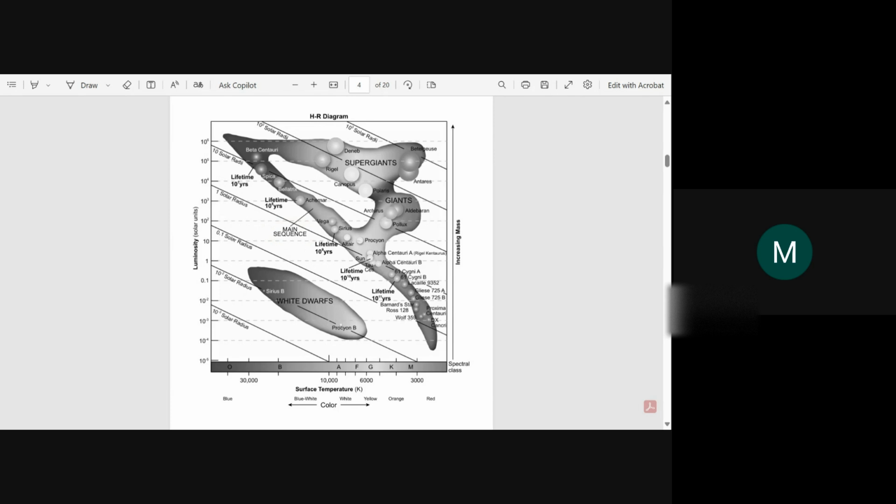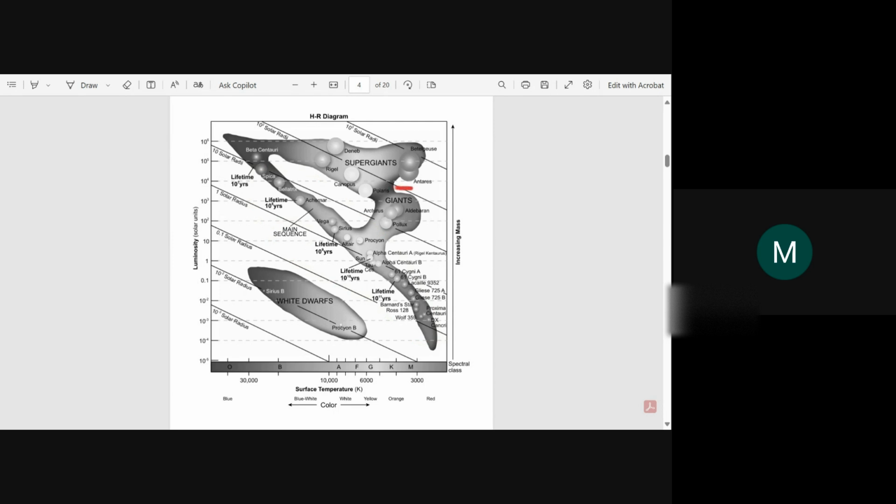They are going to be along this grouping right here. Our sun is a main sequence star, as are Alpha Centauri A, Alpha Centauri B, Sirius, and Vega. These are your examples of main sequence stars.